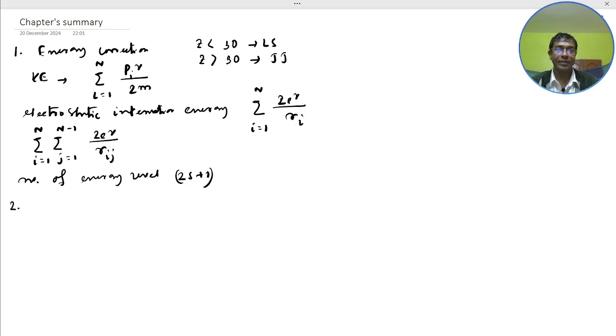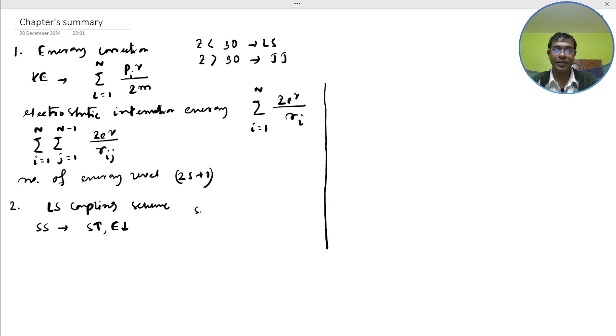And the second one is the LS coupling scheme and spectroscopic term. First, the spin correlation effect in the LS coupling scheme: spin goes up and energy goes down.